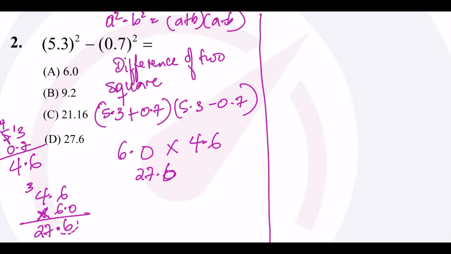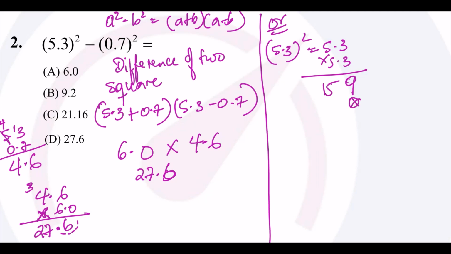That's one way. Or we could go ahead and multiply 5.3, because 5.3 squared is equal to 5.3 multiplied by 5.3. 3 times 3, 9. 3 5s, 15. Put your placeholder. 3 times 5, 15, carry 1. 5 5s, 25, and 1, 26.